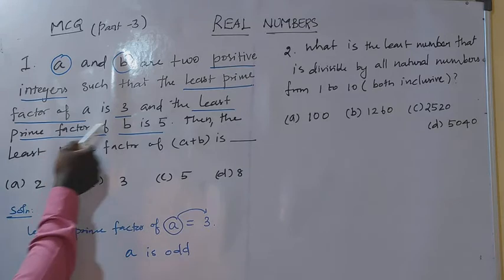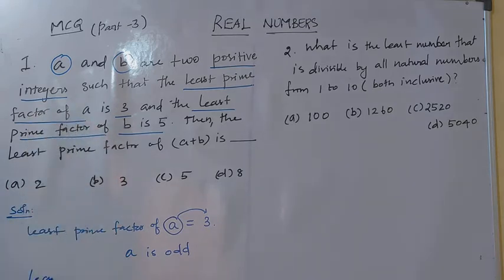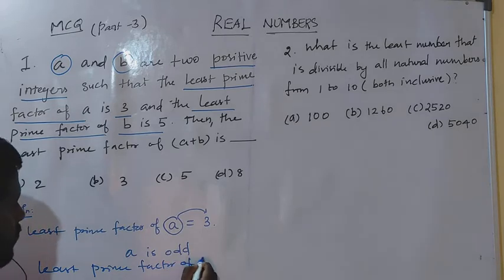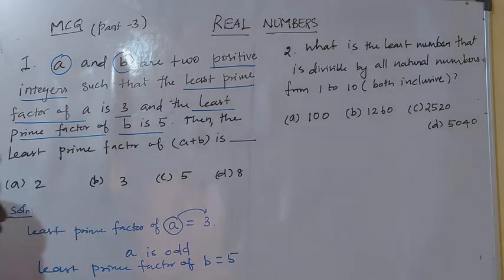Let me come to the next number. What are they telling in the next condition? Now, least prime factor of b is equal to 5. You please understand.